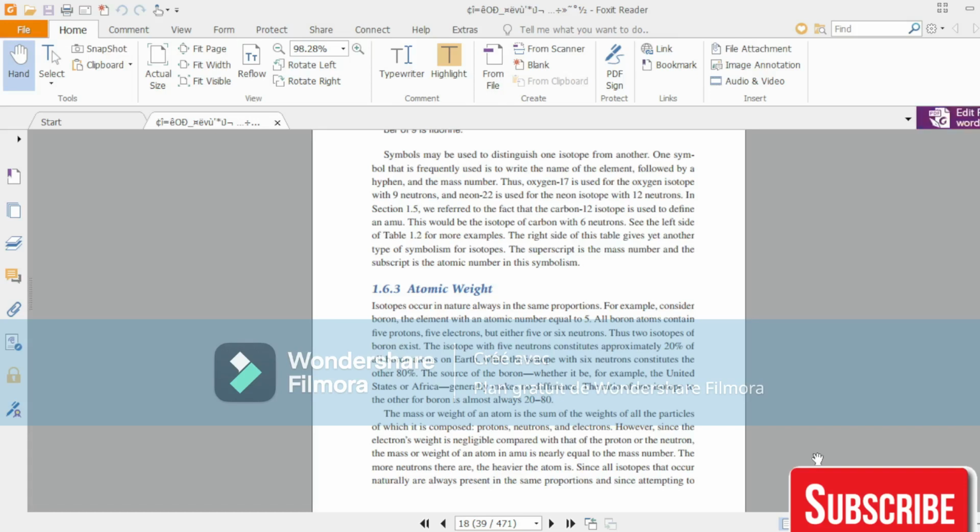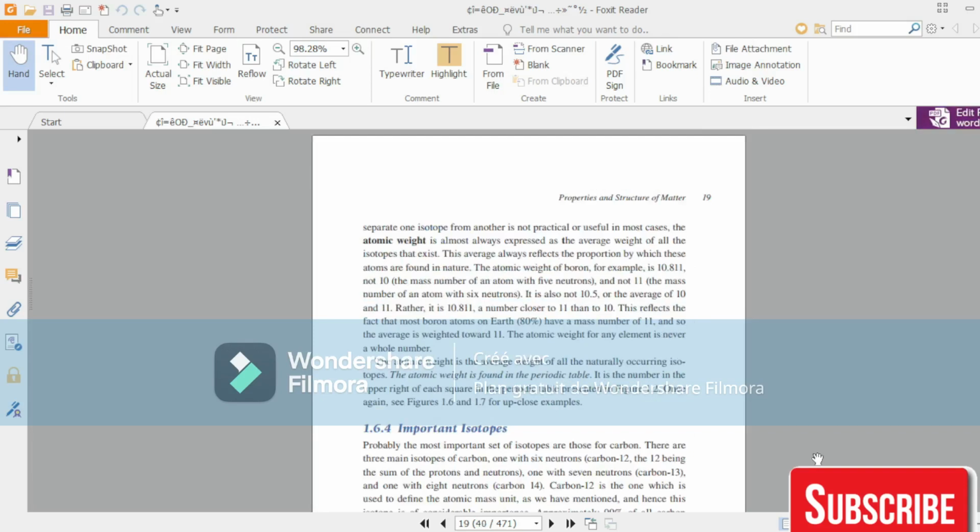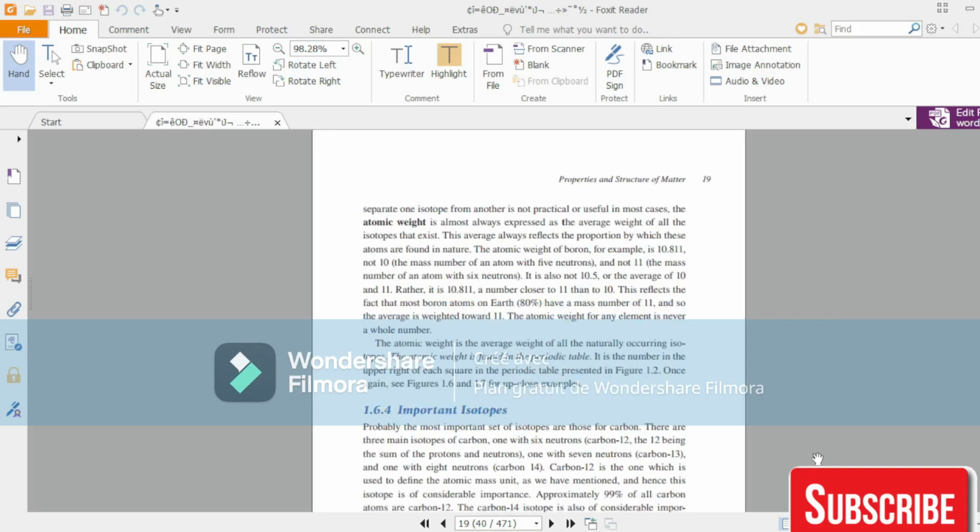Since all isotopes that occur naturally are always present in the same proportions, and since attempting to separate one isotope from another is not practical or useful in most cases, the atomic weight is almost always expressed as the average weight of all the isotopes that exist. This average always reflects the proportion by which these atoms are found in nature.